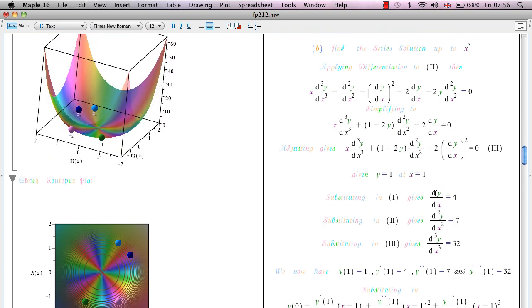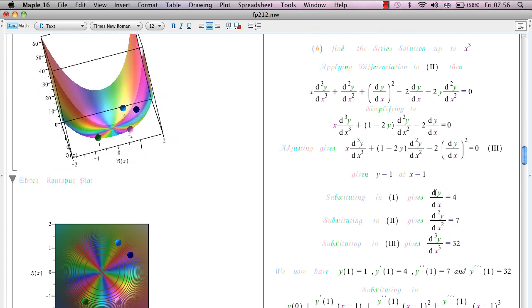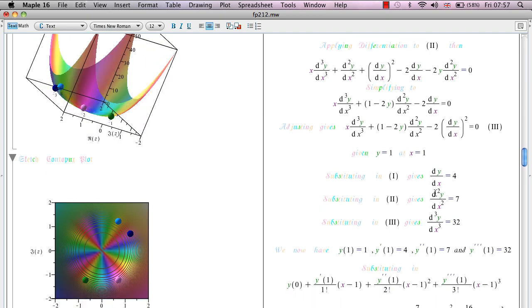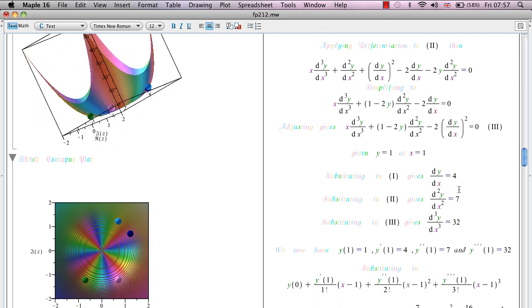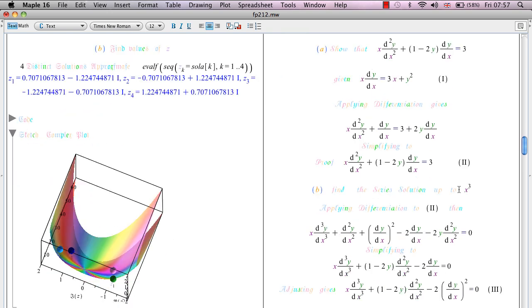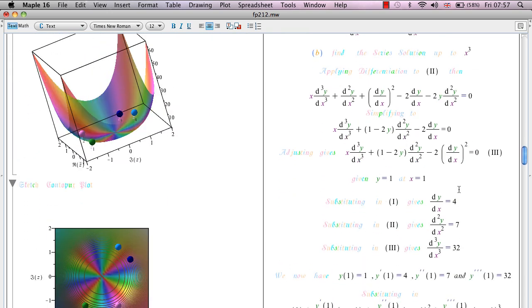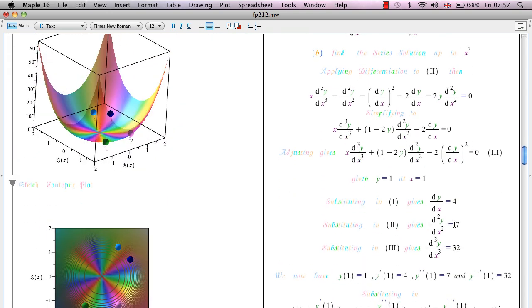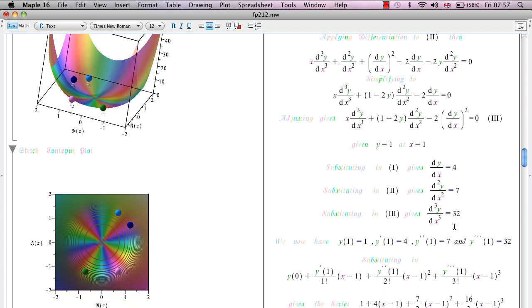So given the values of y equals 1 at x equals 1, substituting in equation 1 gives dy dx equals 4, and then into 2 gives 7 and 3 gives 32.